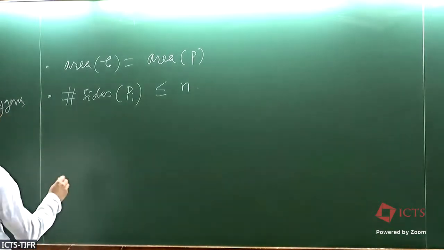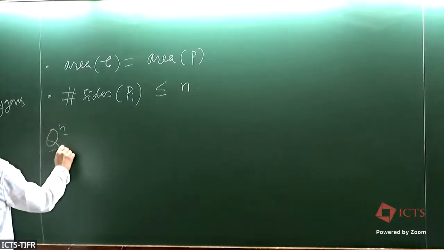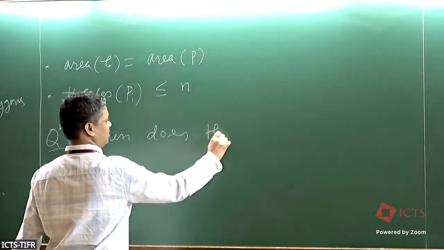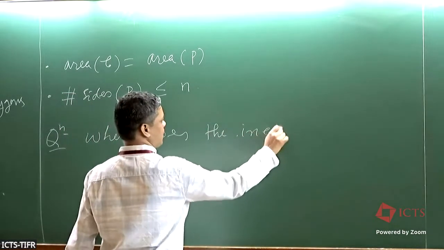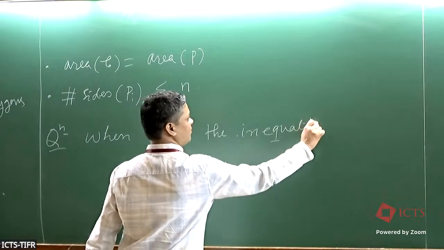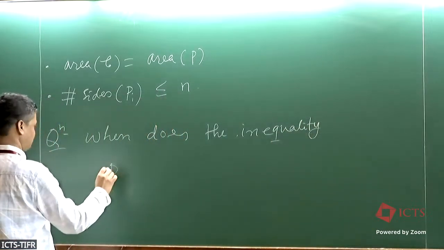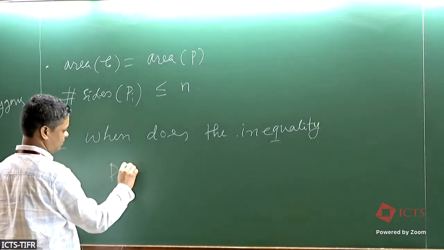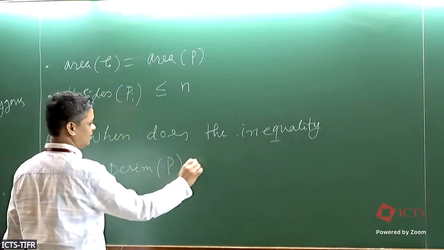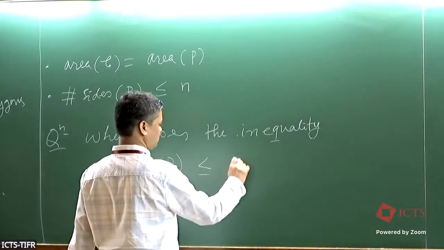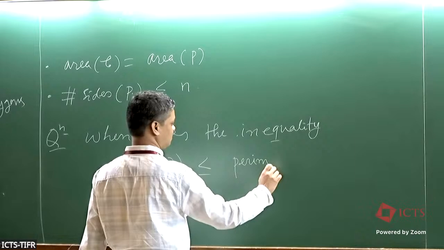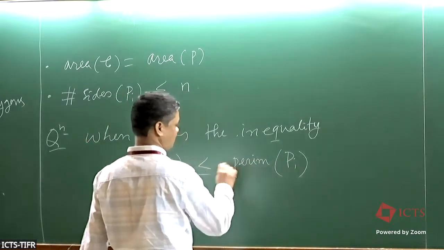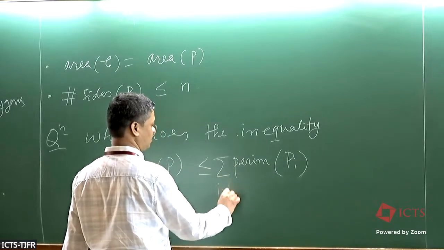Now we are looking for when the inequality we expect holds: the perimeter of the polygon P is less than or equal to the perimeter of the configuration C, that is, the summation of the perimeters of Pi over i equal to 1 to k.